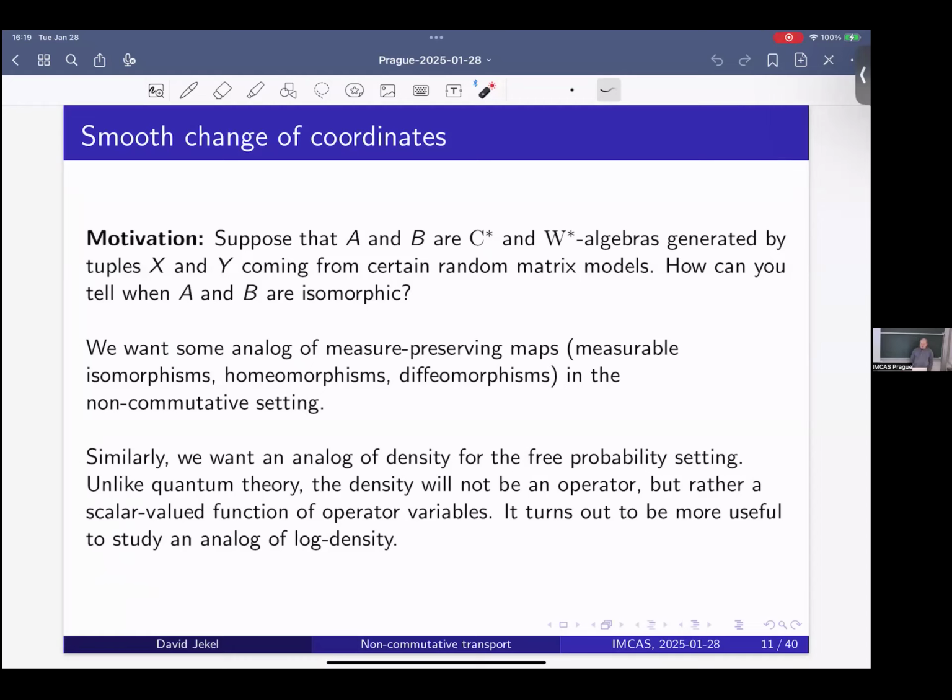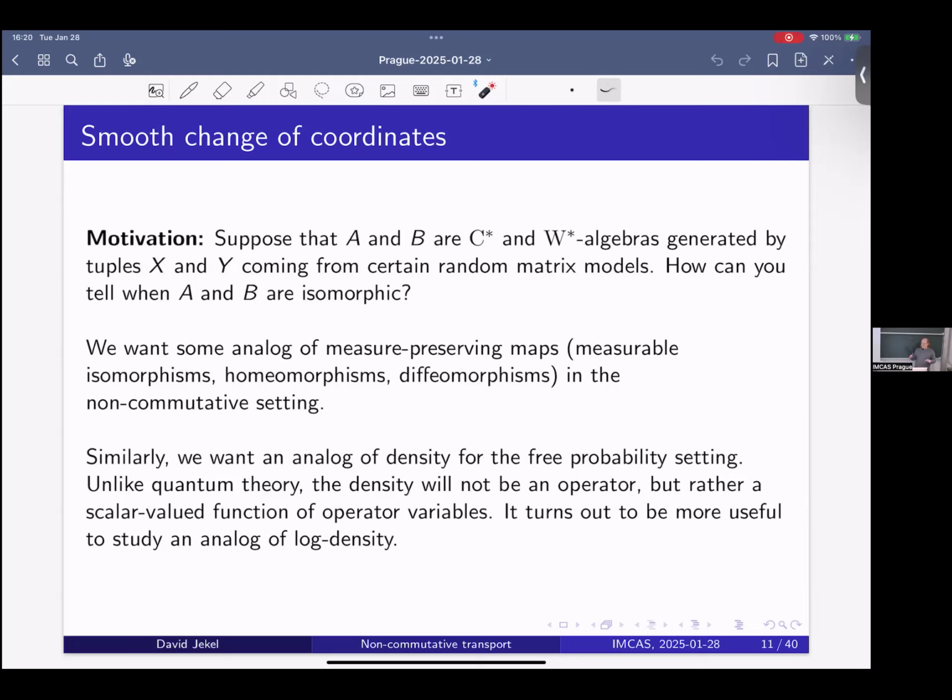Okay, and in this case, you don't actually have a smooth analog of density for the random matrix setting, because the non-commutative law isn't a classical probability measure. And also, this is not the same as the quantum setting where you would have an operator of trace 1 to act as an analog of density. This is a different setting.